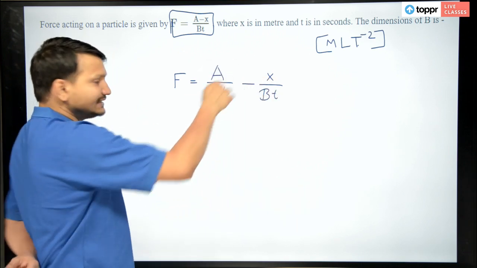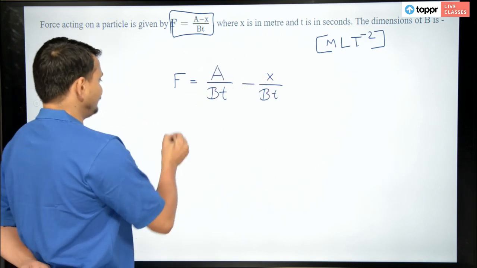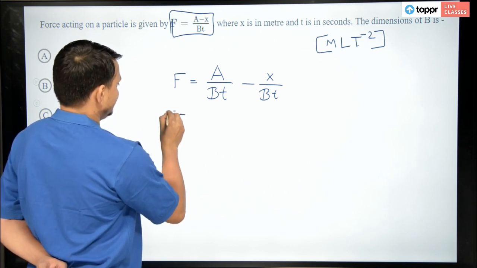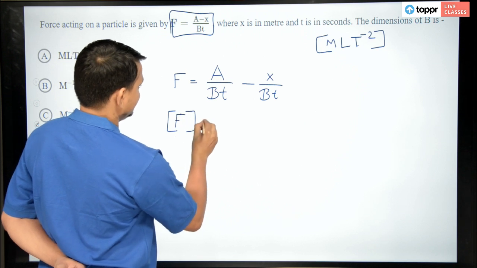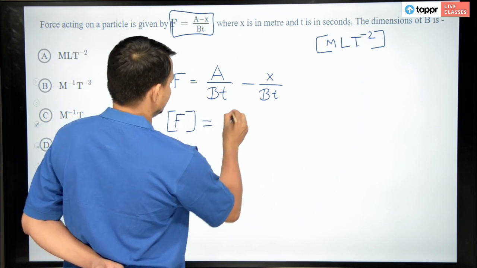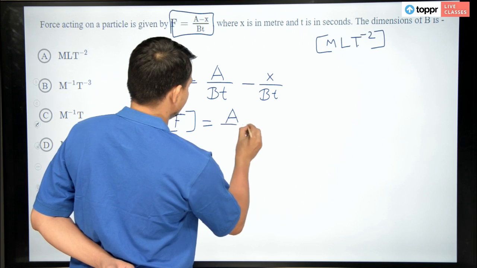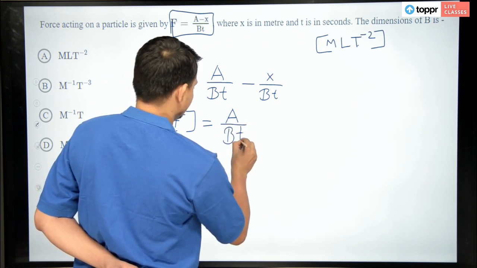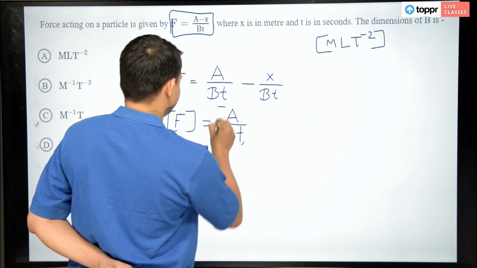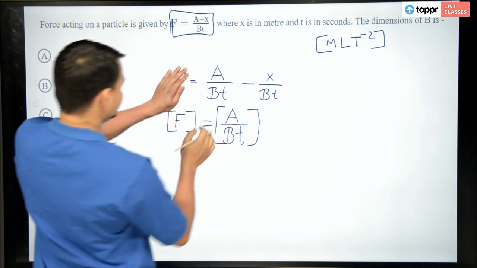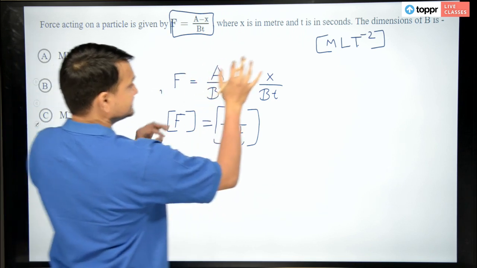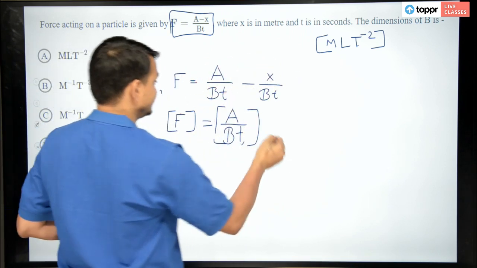So using this we can write our dimensional formula something like this. Means the dimension of this part is equal to the dimension of this part is equal to the dimension of this part.